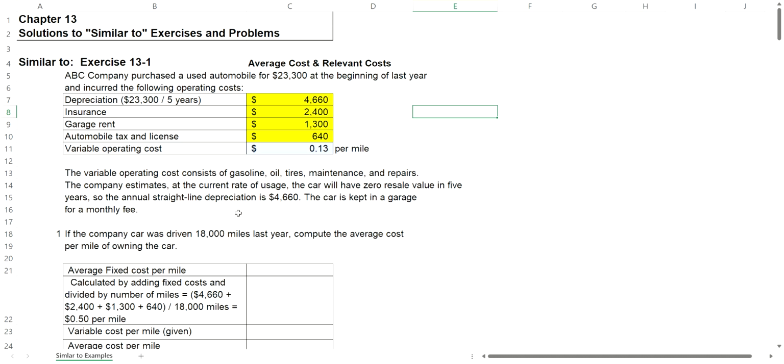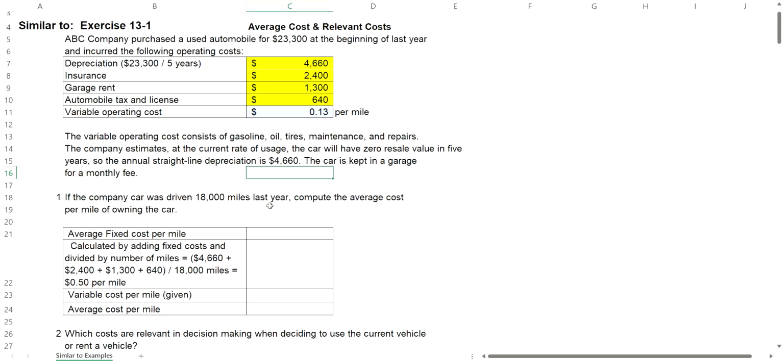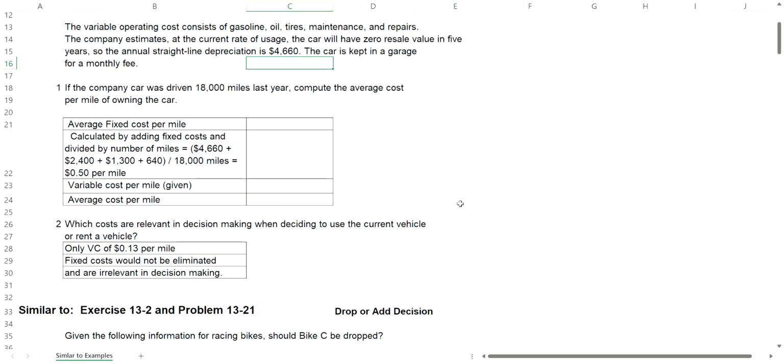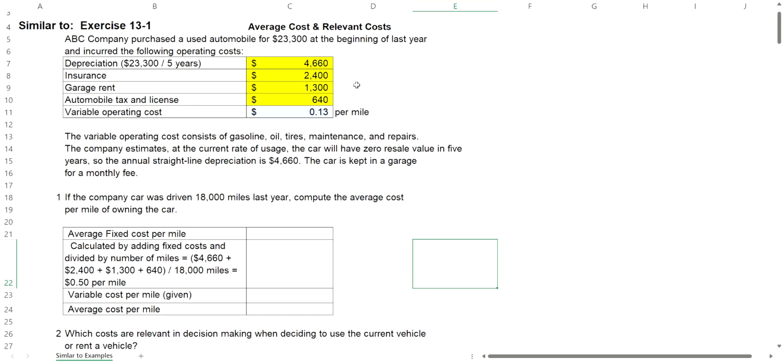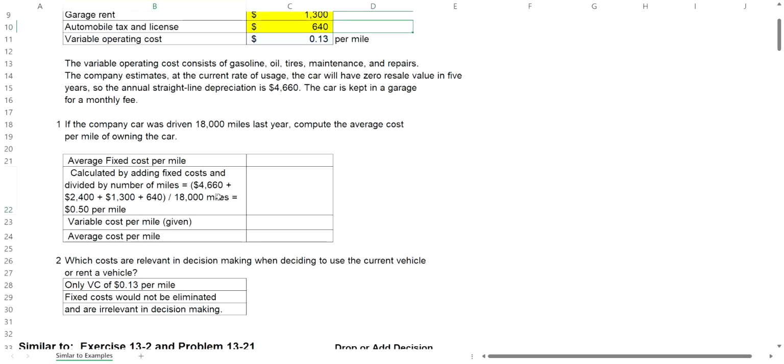Okay, now what we want to do is take a look at what is the average cost per mile. Assume the company car was driven 18,000 miles last year. Compute the average cost. So the first thing I want to do is add my 4 fixed costs together: 4,660, 2,400, plus 1,300, plus 640, and then divide it by the 18,000 miles driven.